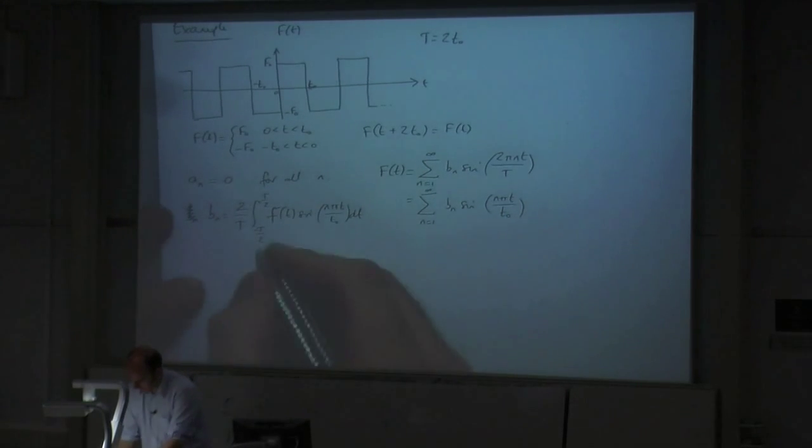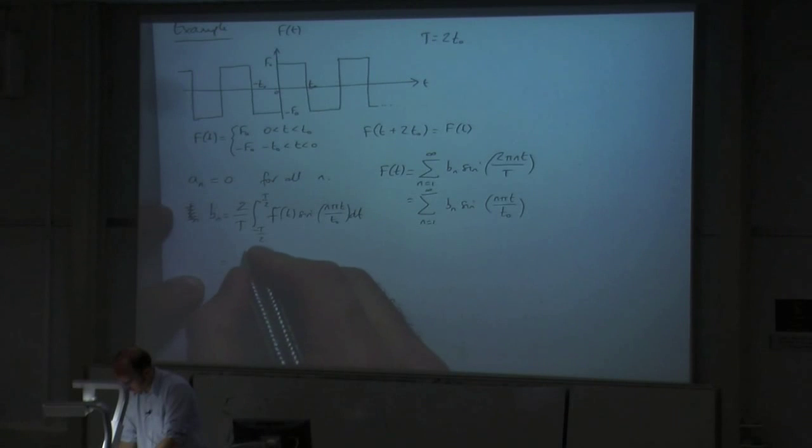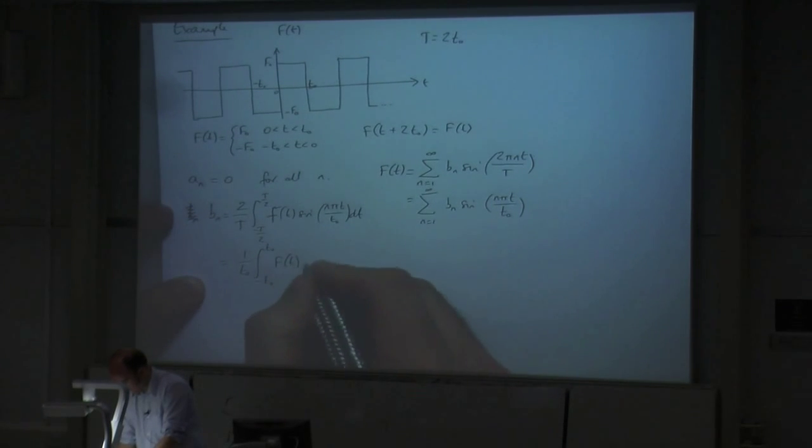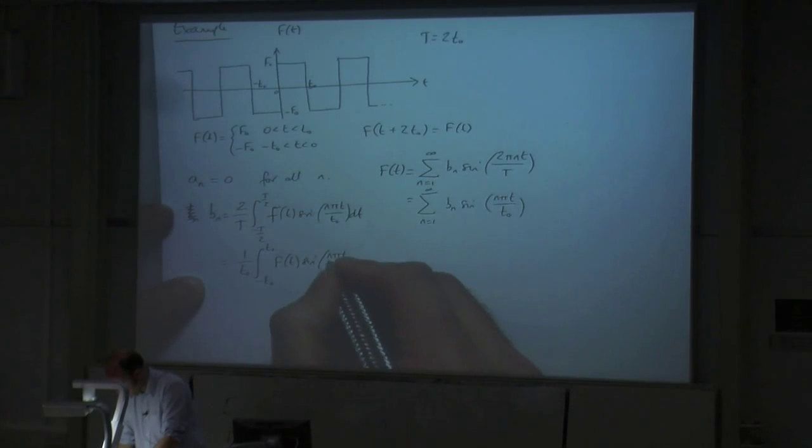So let's stick the period into this equation. So we have 1 over t naught, integral from minus t naught to t naught of f of t sine n pi t upon t naught dt.